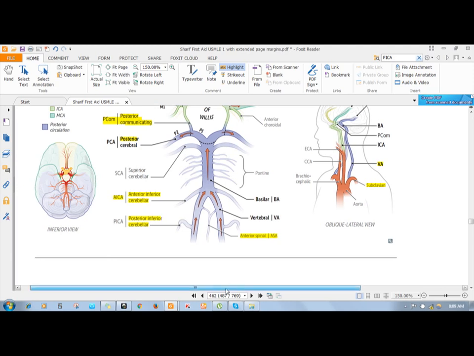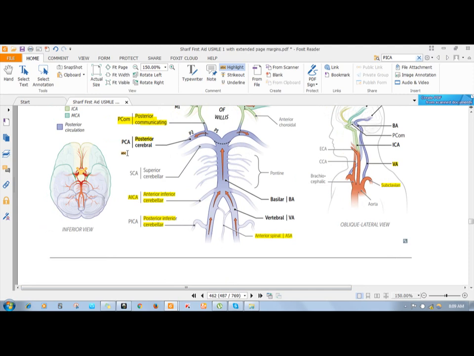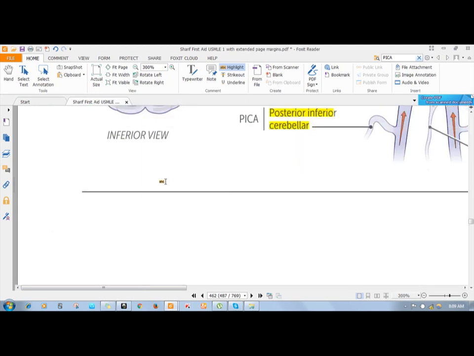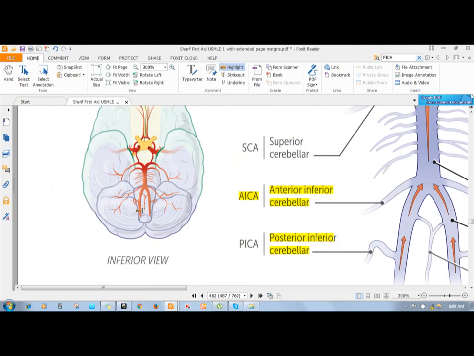Next, let's look at the surface of the brain from an inferior view. Those two are the vertebral arteries forming the basilar artery going up, and on the lateral side, in the proximal region, the vertebral arteries supply the cerebellum through the posterior inferior cerebellar artery. So this curving artery, both of them, is the posterior inferior cerebellar artery.